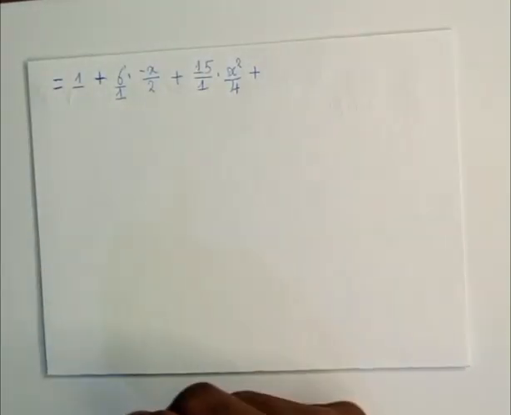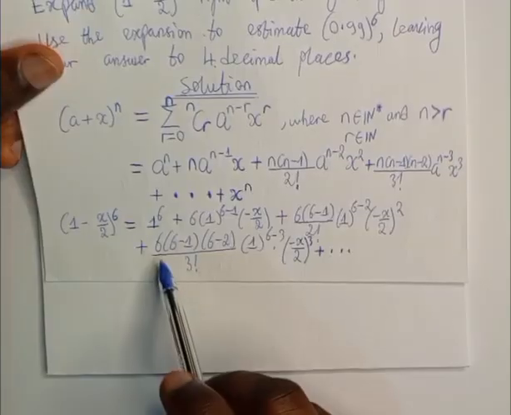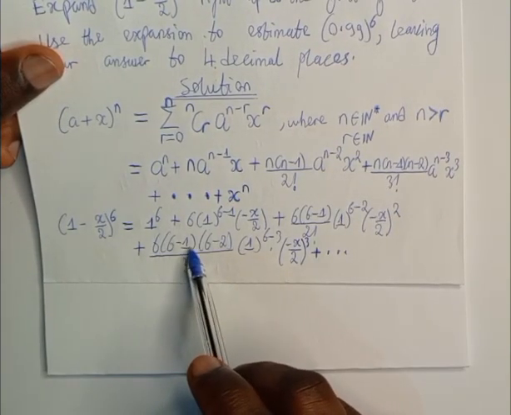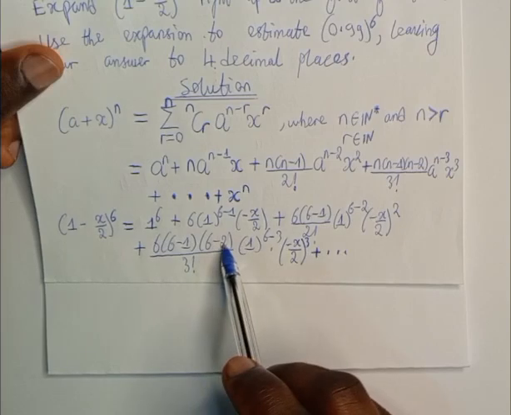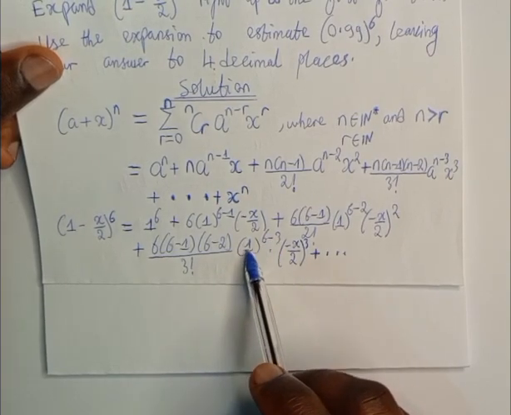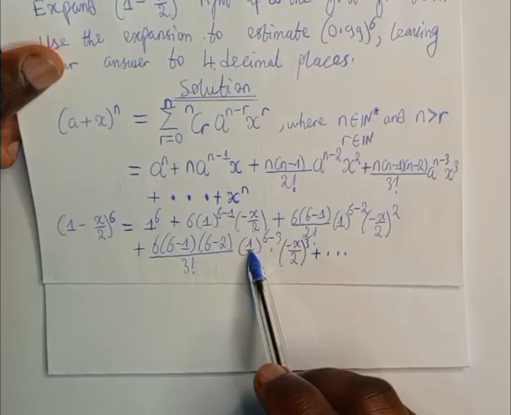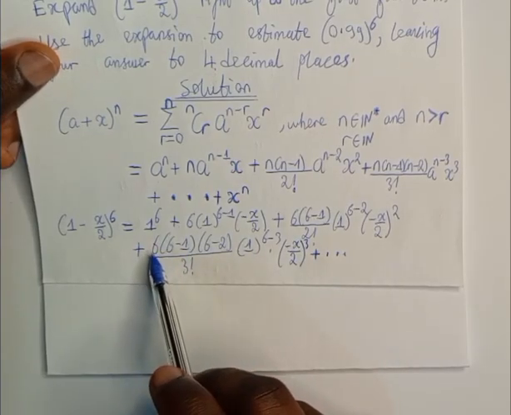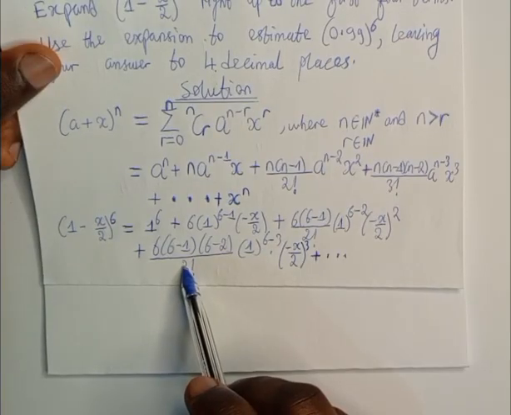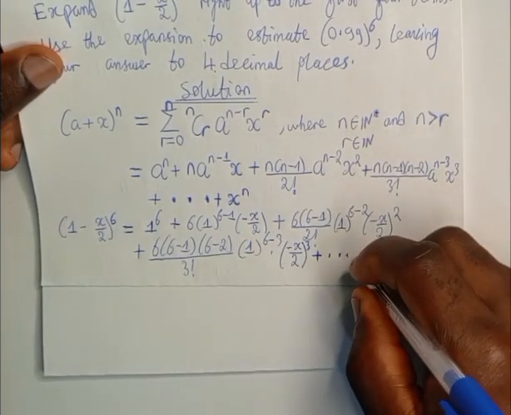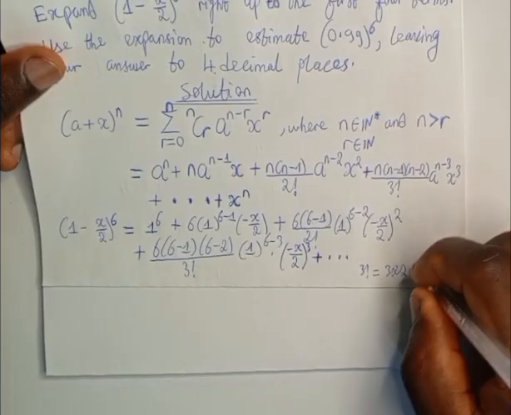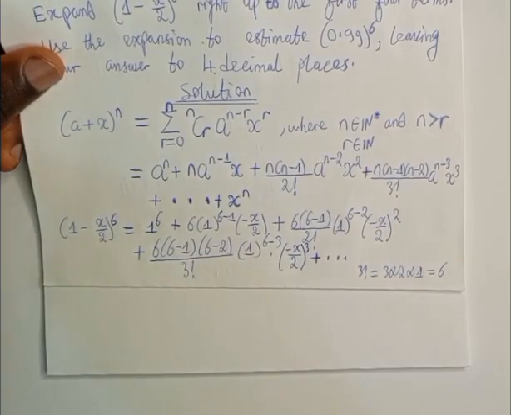plus we go to the next term. Here we have 6 times 5 times 4 times 1 raised to the power 3, which is 1. And the numerator will simply be left with 6 times 5 times 4 all over 3 factorial. 3 factorial is simply equal to 3 times 2 times 1, which is 6.